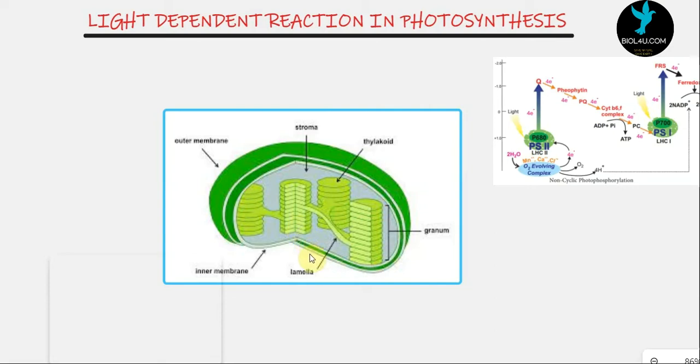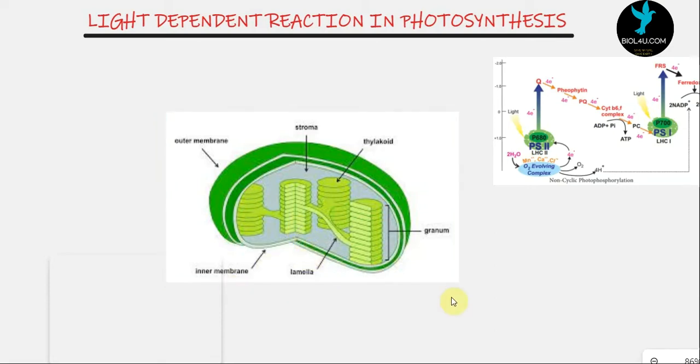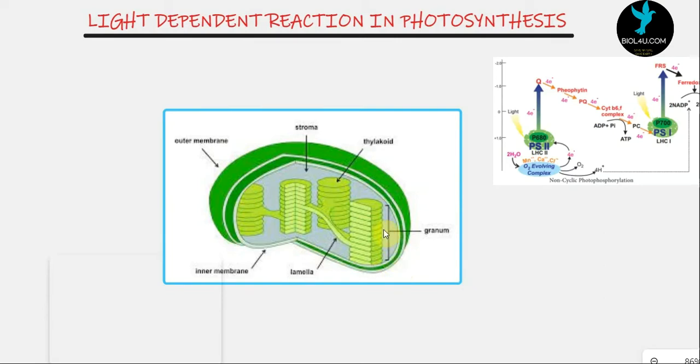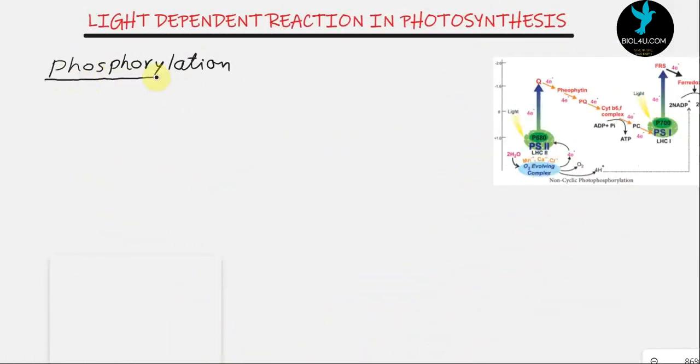Phosphorylation is the process of formation of the ATP molecule in the presence of light. The energy is taken from the light, so it is known as photophosphorylation. So phosphorylation means formation of the ATP molecule.